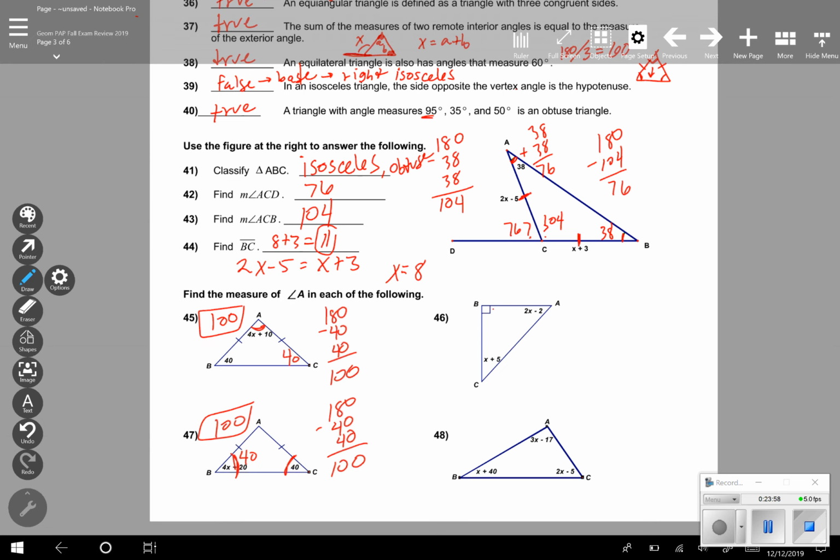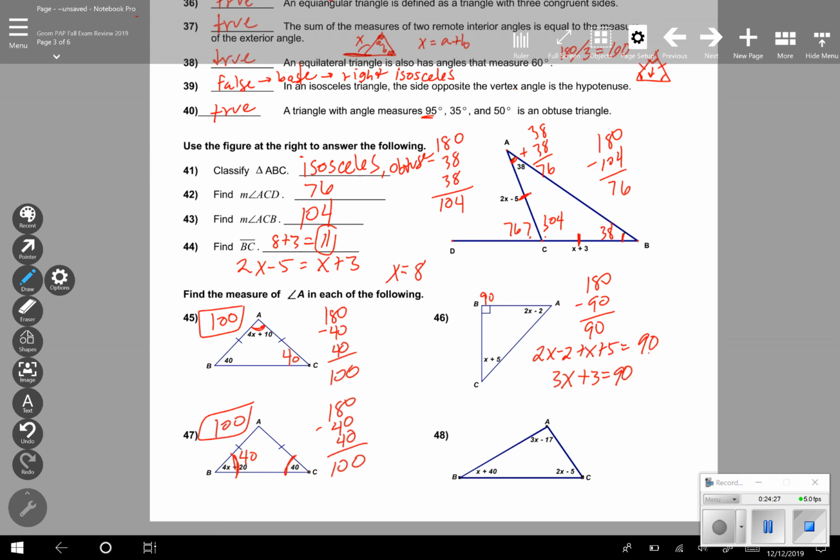Alright, 46. We got a right triangle here, so this is 90. So right away, 180 minus 90 is 90. So these two angles here, A and C, they have to add up to 90. So 2x minus 2 plus x plus 5 equals 90. So 2x and another x, that's 3x. Negative 2 and 5, that's a positive 3.